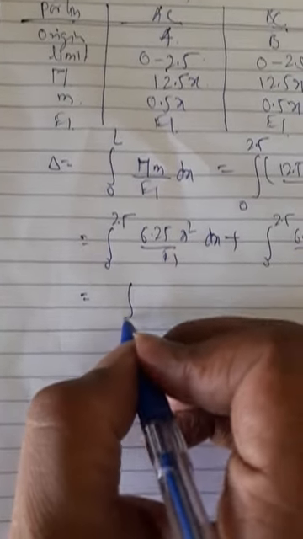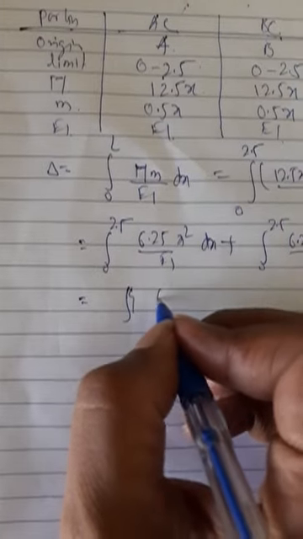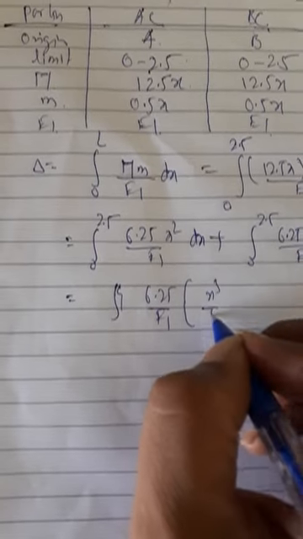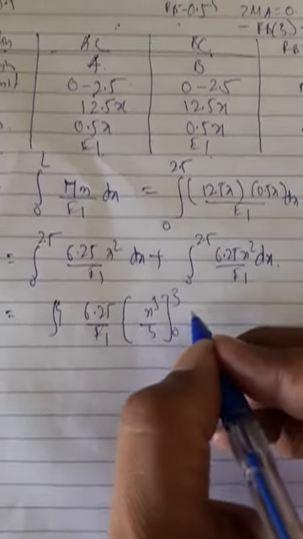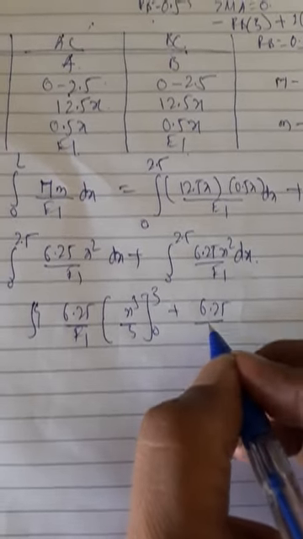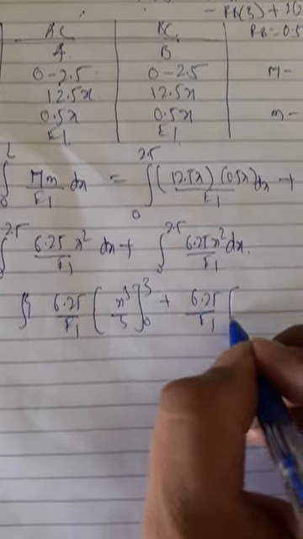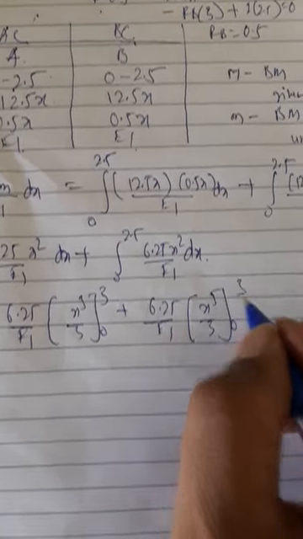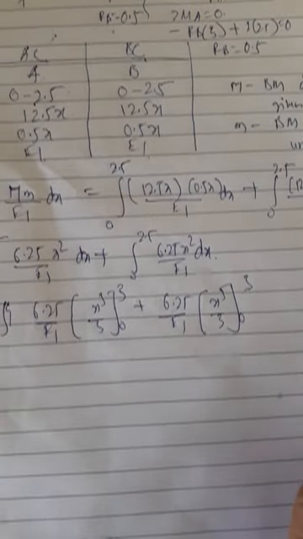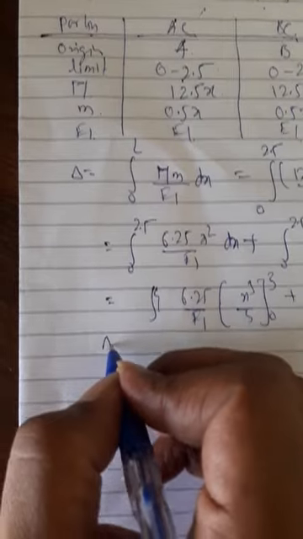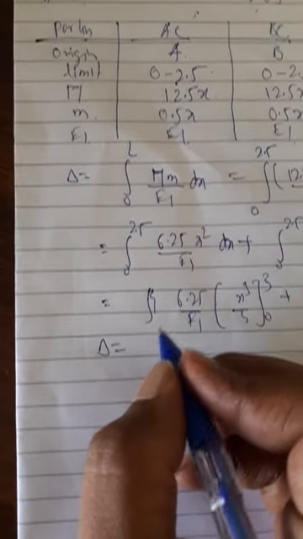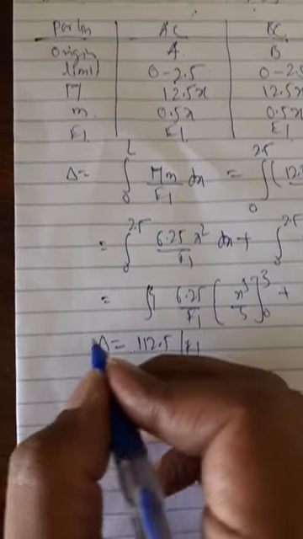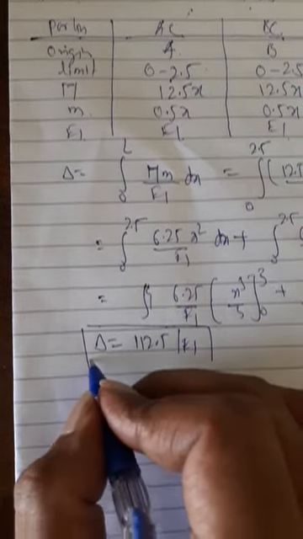Simplifying this, I take 6.25 by EI outside as a constant, integration of x square is x cube by 3, 0 to 3, plus the same for the second portion. Substitute x is equal to 3, and you get 112.5 by EI. This is the deflection at point C.